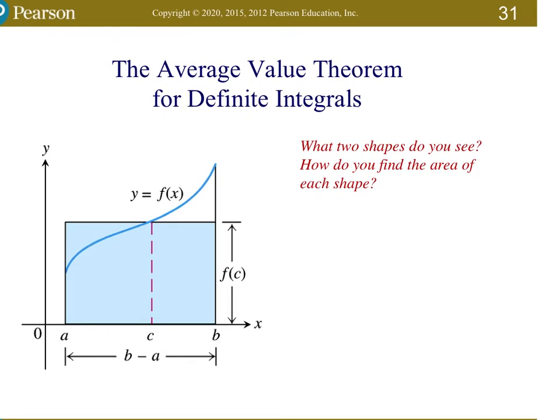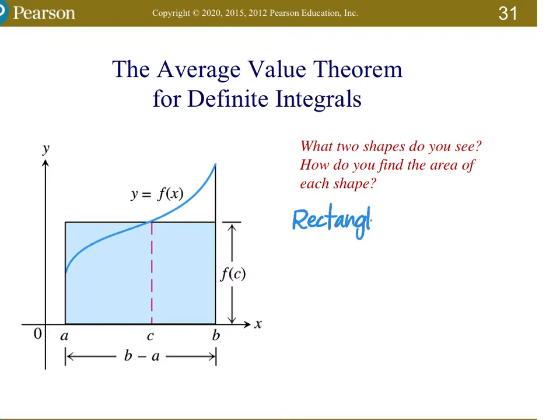So on this drawing here, I would pose a question to you. What two shapes do you see? The one obvious shape that jumps out right away is the rectangle.